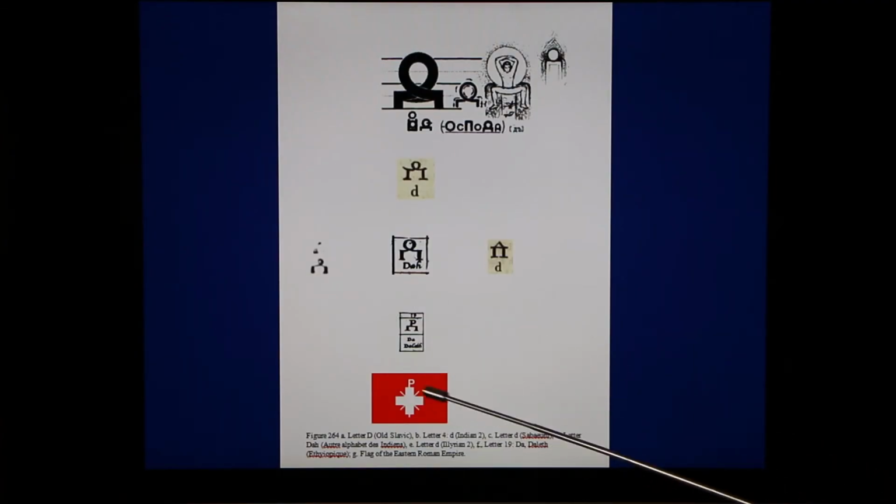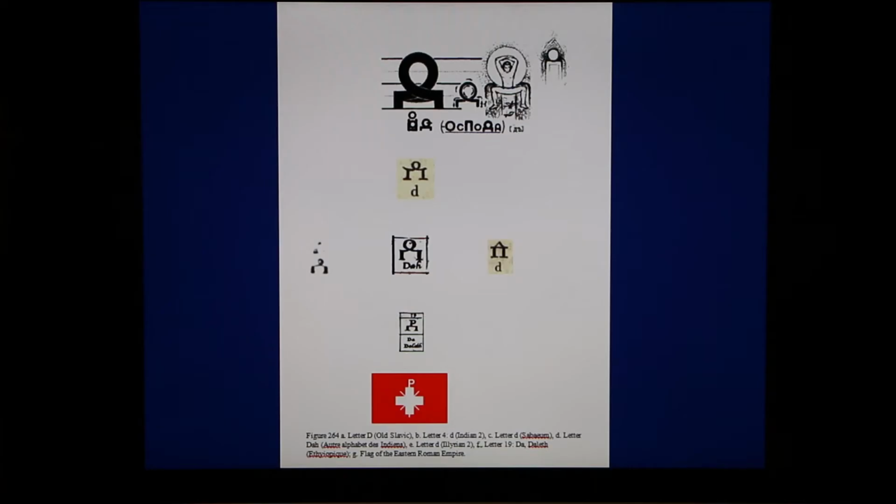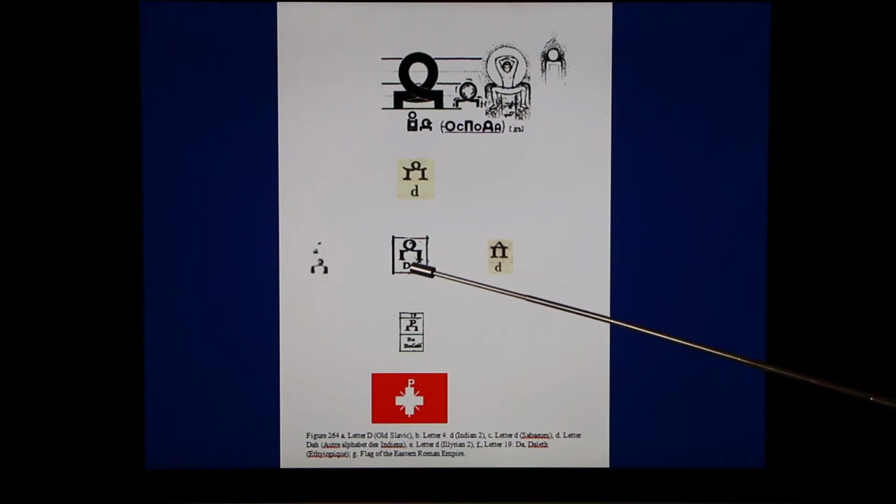Well, now we see, and this is the flag of the Eastern Empire, where that P is actually a rho, and that's the R of Christ, Christ. So this 18, 19 and rebirth, birth and rebirth is linked then with these letters. And there is an extraordinary way in which the Russian mudras, the D and the P, are all connected.